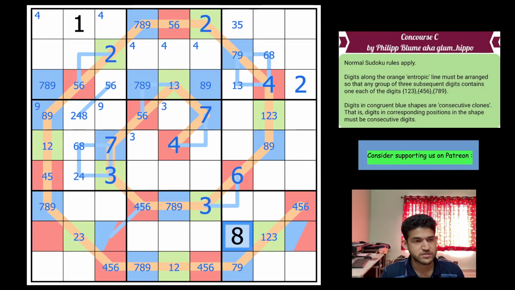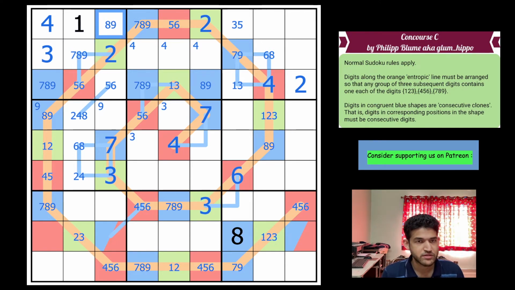Look at these two cells. Excellent. 1, 2, 5, 6 and 7, 8, 9 are ruled out. So that leaves a neat little domino 3, 4, which contains the digits 3 and 4. The only way to place them is by putting the 4 here and the 3 here. These two cells are 7, 8, 9.